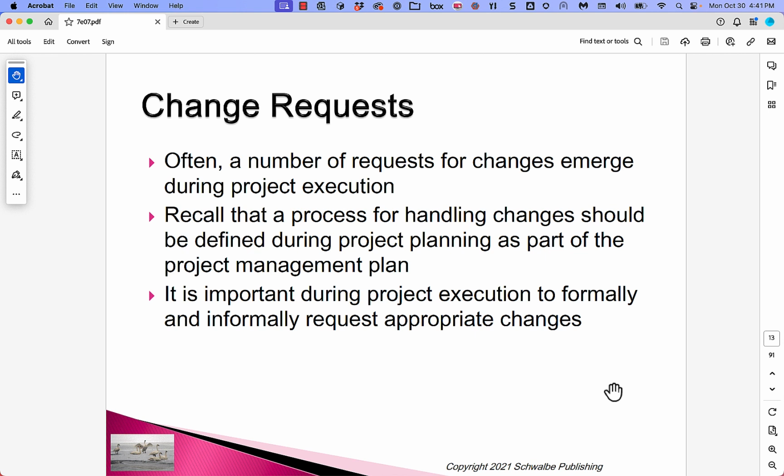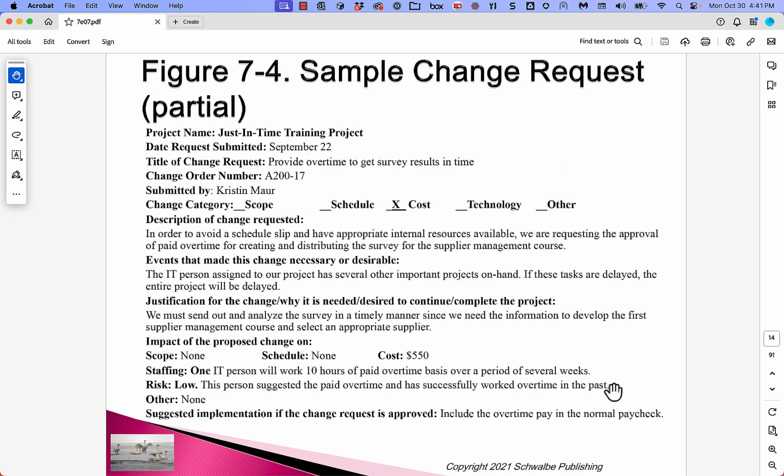Not because we want to resist change, but we want to have everybody on the same page. So here's the kind of thing that a project might do for a change request. Typically, every project would come up with one of these, but we describe the change and who proposed it and all that kind of stuff.